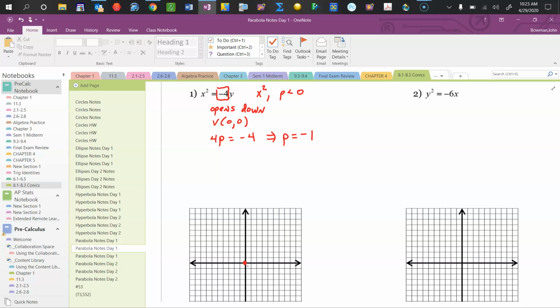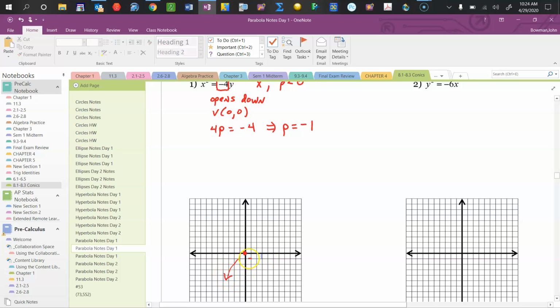Since we're just going to do a rough sketch right now of this opening down, I know that my directrix is the line above the focus in this case, and the line would have equation y equals +1. I know the focus, we'll call that F, has coordinates (0, -1).